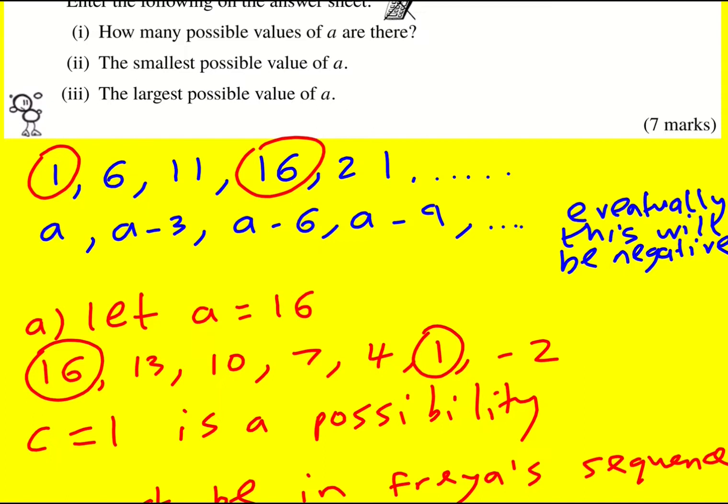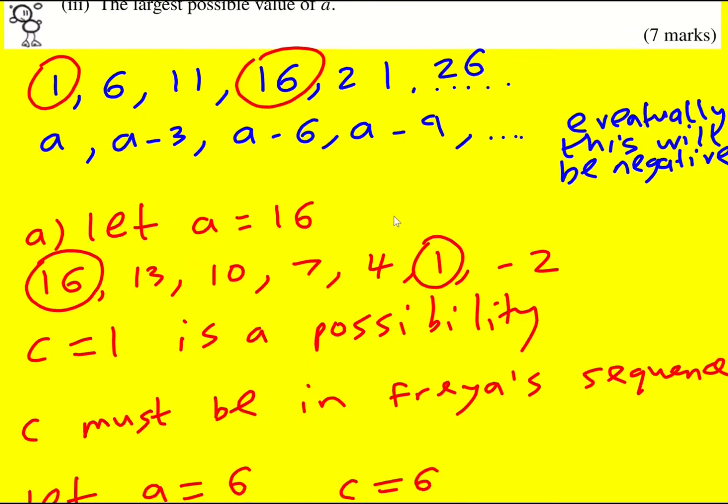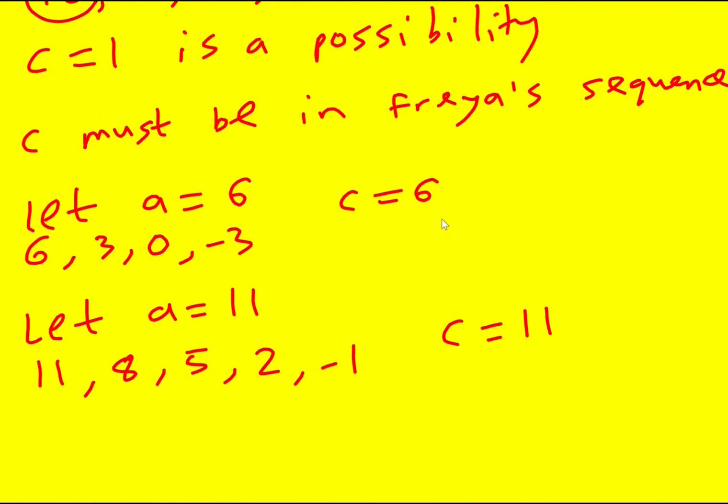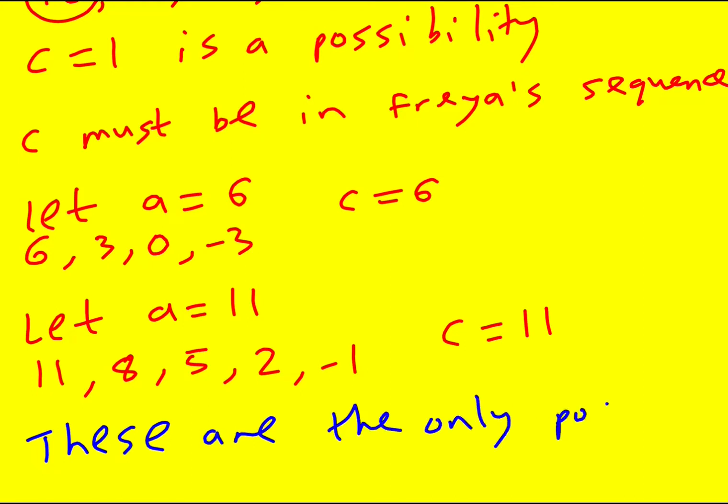And the next term, which will be 26, is 15 more than 11. Because I'm going up in multiples of 5 here and I'm going down in multiples of 3, every 15, they're going to have a shared term. So these are the only possibilities. So C equals 1, 6, or 11.